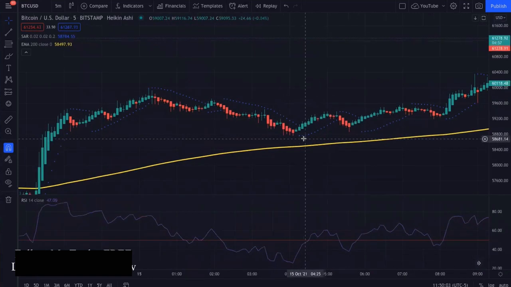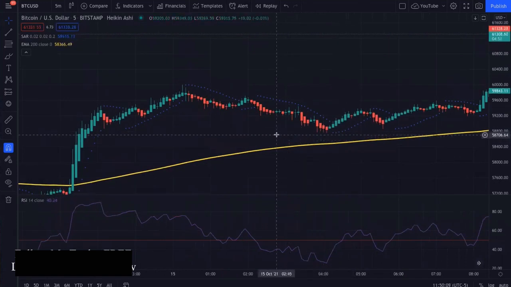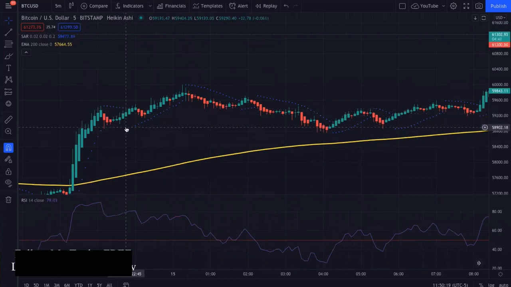Another example right here. You see how frequently this happens on the 5-minute chart with the Bitcoin? Like, it's ridiculous. Like, this is great, right? Again, this one, you don't enter here because the parabolic SAR is still above, right?